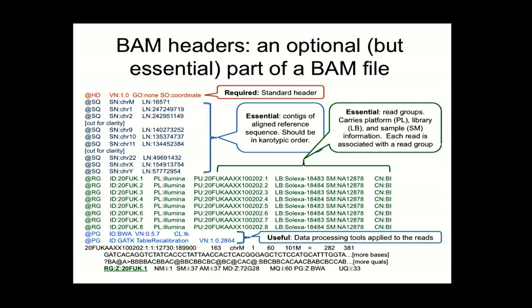One thing that I would like to emphasize, we sort of hold a line of requiring pretty extensive header information in the BAM files. It's optional, but really essential. Critical things are, when I was talking about lanes, these are described as read groups in the SAM-BAM spec.